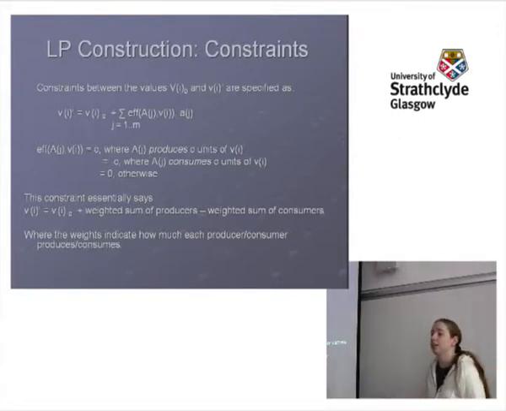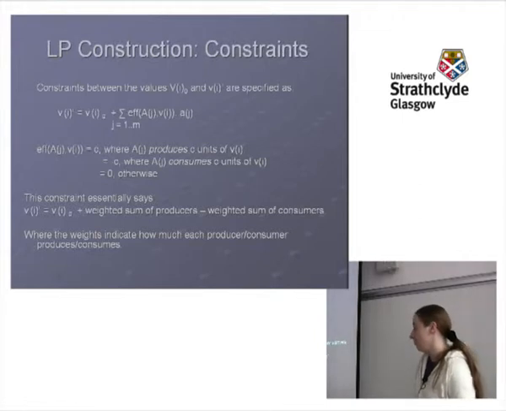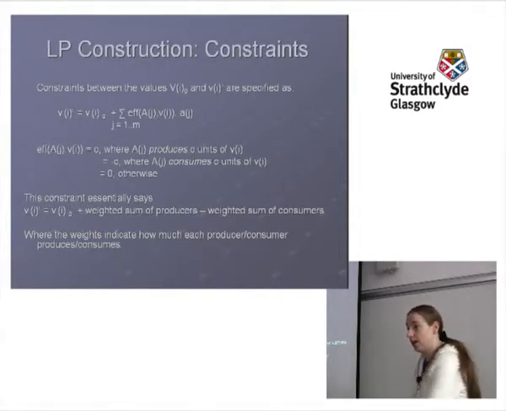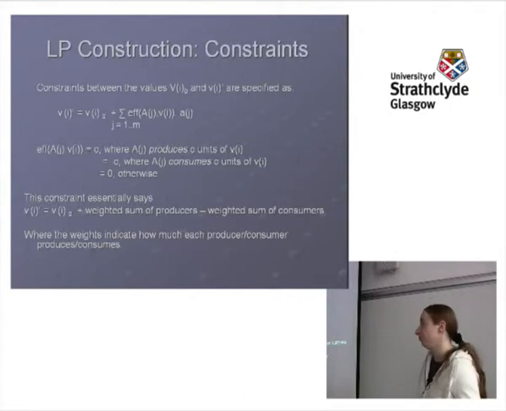And all this function here says is plus the sum of the producers minus the sum of the consumers. So all actions that increase it, we add that to its value. All actions that consume it, we decrease it for that value. Note it's a weighted sum. So if an action uses 2 units of a certain resource, then obviously we take off 2 times the number of times we've applied that action, and so on.